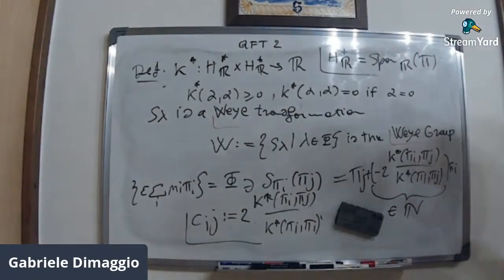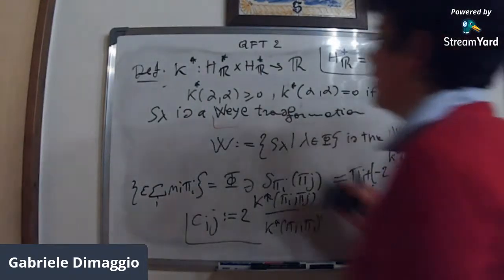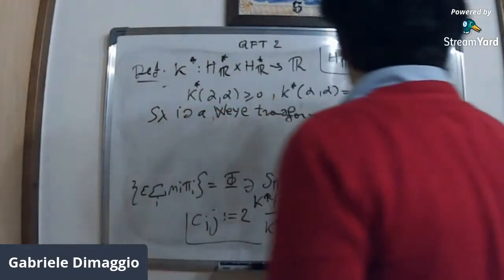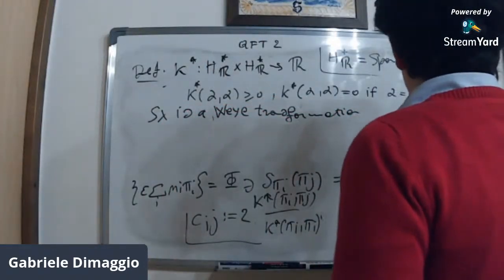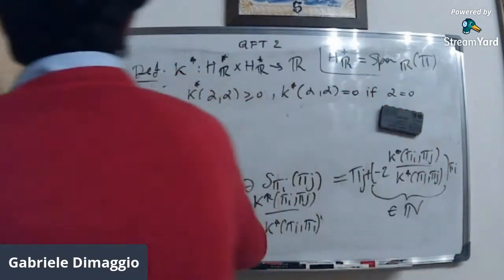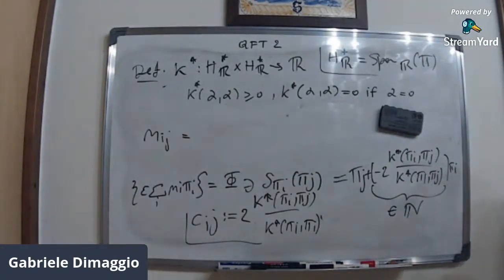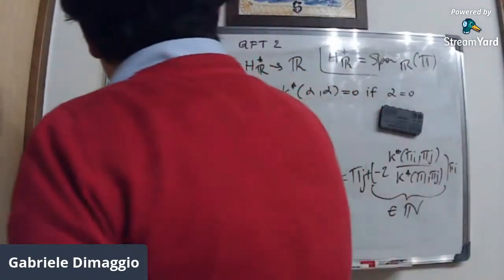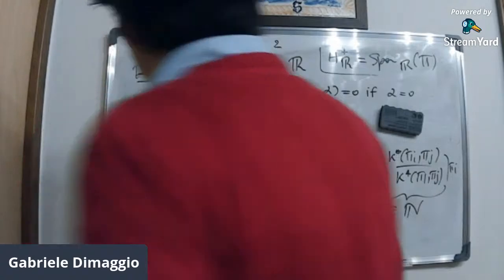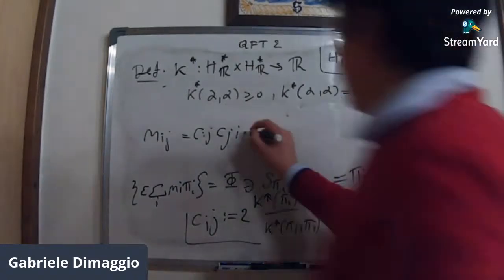Now we can define a particular matrix. This matrix is called N_ij. N_ij is obtained by C_ij times C_ji.